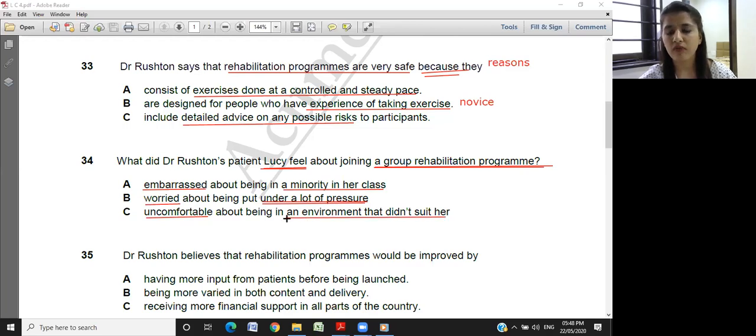So what was the problem? Was the environment a problem? Were the people who were doing it with her a problem? Or was the amount of stress or pressure that she felt a problem for her when she had to join a group rehabilitation program? So now I will play this part of the conversation, and I would ask all of you to answer these questions.